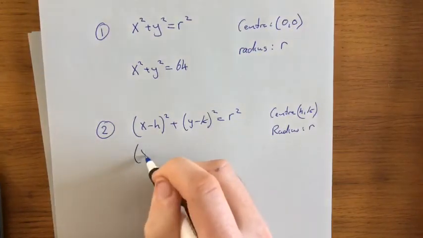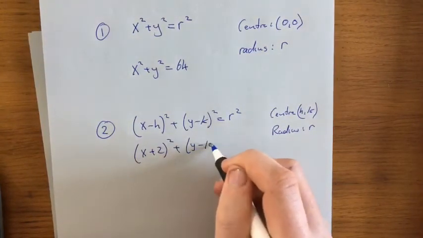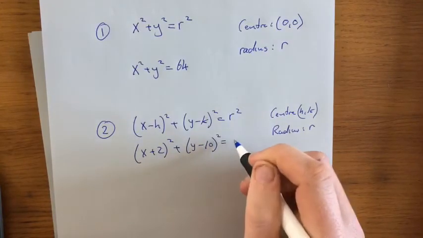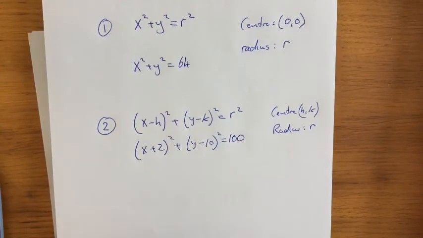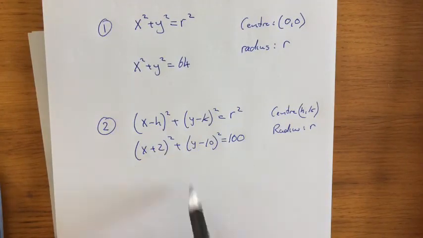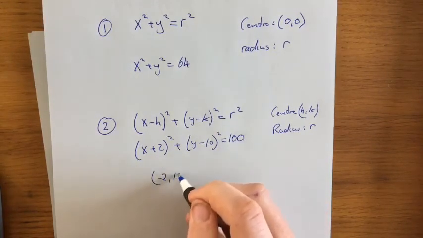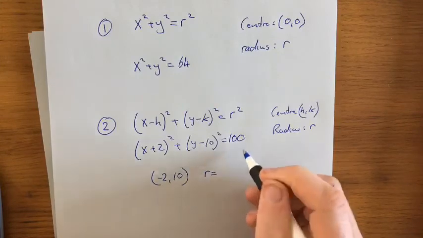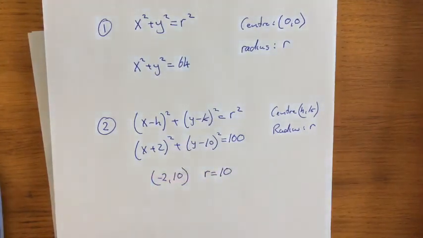So an example of this would be x plus 2 squared plus y minus 10 squared is equal to 100. So from this we can say, minus h is 2, so the center of this circle would be minus 2, 10. And the radius of this circle, well, if r squared is 100, then the radius needs to be 10. So they are the two types of circles that you can get.